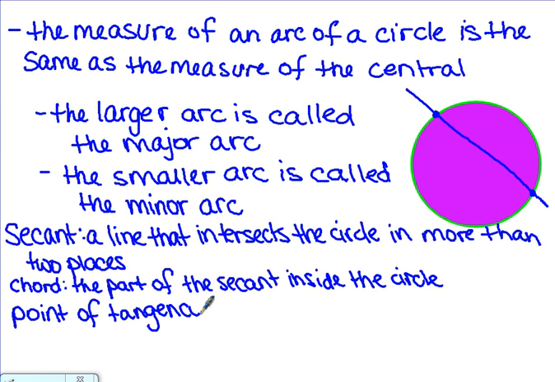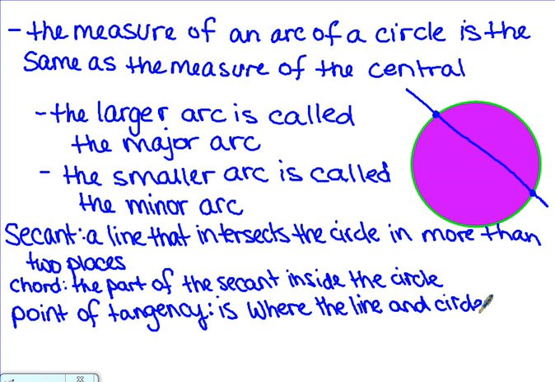Notice in my secant line, I have 2 points of tangency, one in the upper part of the circle and one on the lower part of the circle. So that's for a secant.